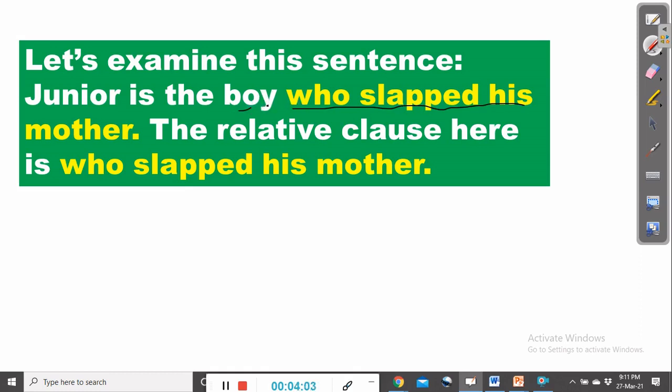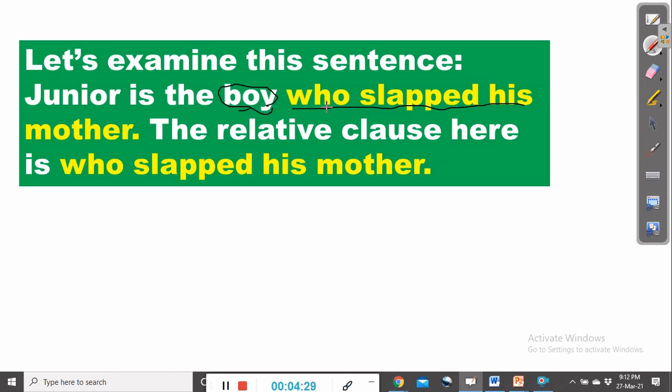The antecedent here is boy. This is the antecedent. That is exactly the person in focus, the person about whom this relative clause is telling us something more. The relative clause is telling us something more about the boy.